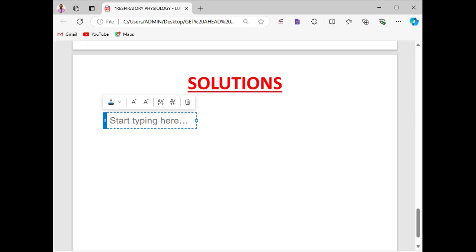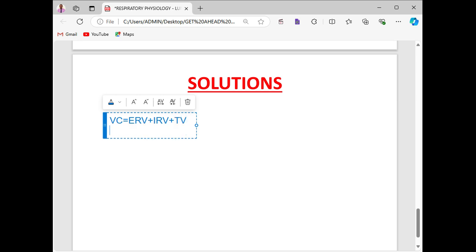You need to understand that from the illustration we gave on how to remember the capacities and the lung volumes, we can deduce that vital capacity, VC, equals ERV plus IRV plus TV.